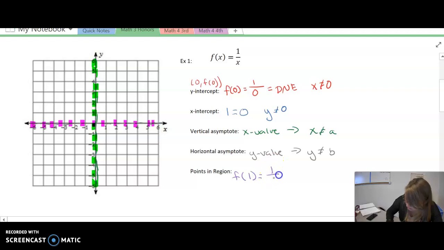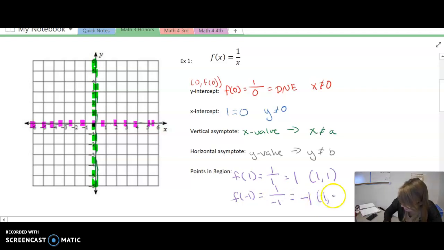So f of 1 is 1 over 1, and that's going to equal 1. So we have the point (1, 1). That's our right point. And with our left one, we have -1, and 1 over -1 is going to be -1. So we have (-1, -1). So we have our 2 points, a point right here, and a point right here.